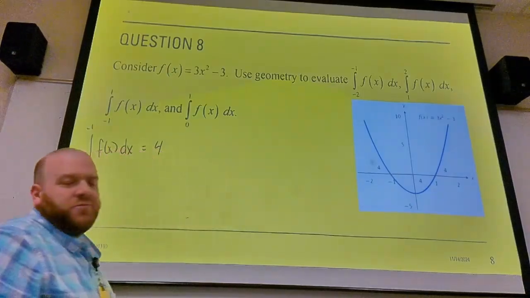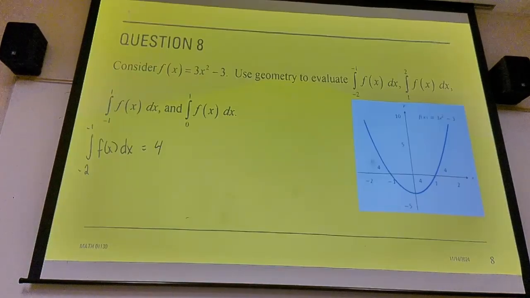This region is also supposed to be shaded. But for some reason, the shading isn't coming through the projector.